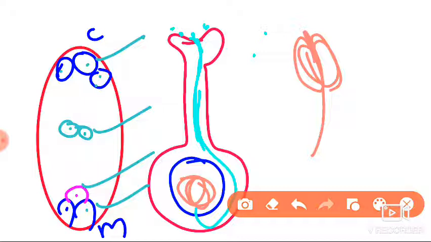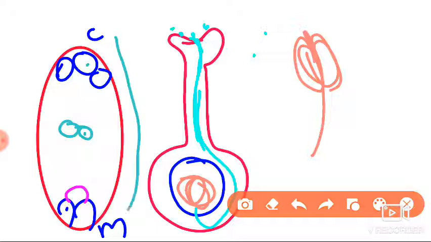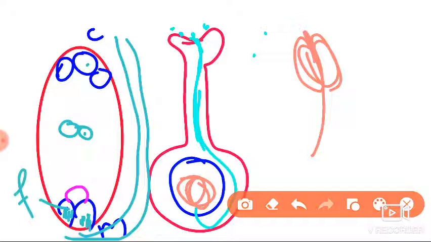When pollination occurs, the pollen grains develop their pollen tube towards the micropylar end. At the micropylar end there is the filiform apparatus.